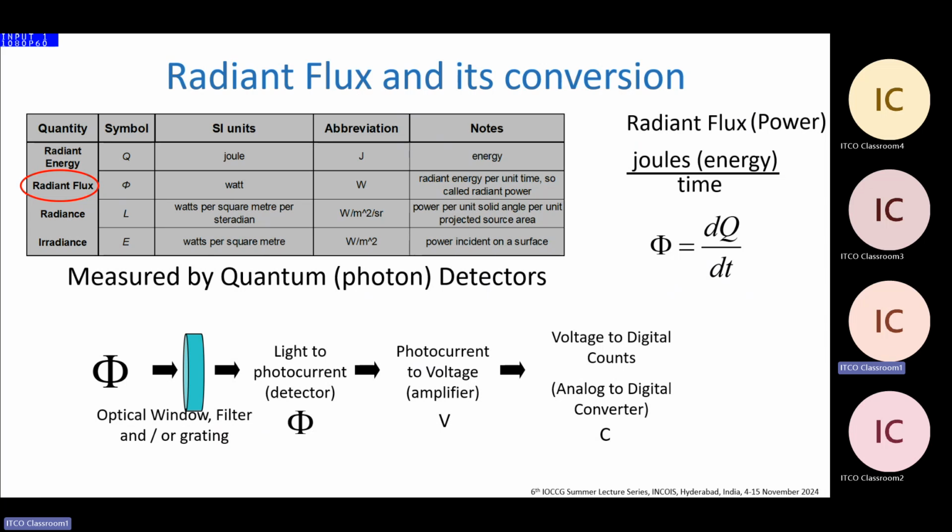Radiance would be the radiant flux that is collected or emitted over a particular solid angle, like a cone of collection. And irradiance is the amount of photon flux that's collected over a surface.